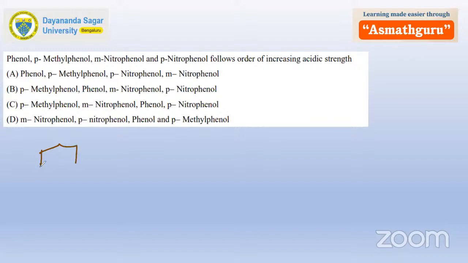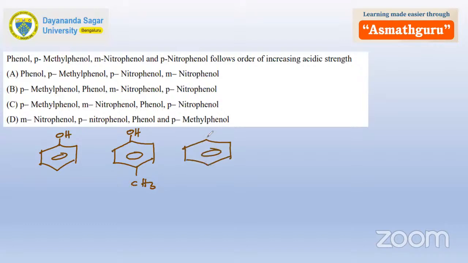Phenol is a normal molecule. Then paramethyl phenol: phenol with a methyl group at the para position. Then you have paranitrophenol, OH group and NO2, and then metanitrophenol, with this OH and NO2 group, like this.